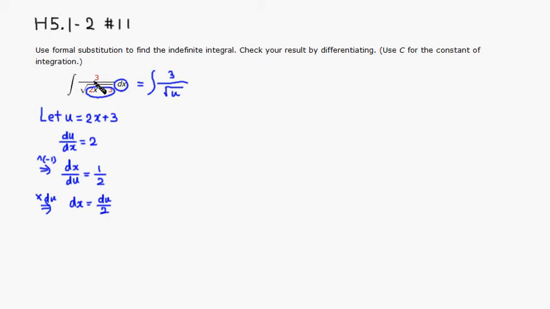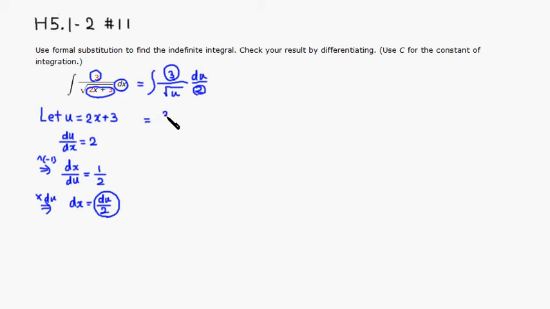So we already took care of 3, and dx is du over 2. So just put du over 2. When you have a constant, a 3 on top and a 2 on the bottom, I'll put that in front.